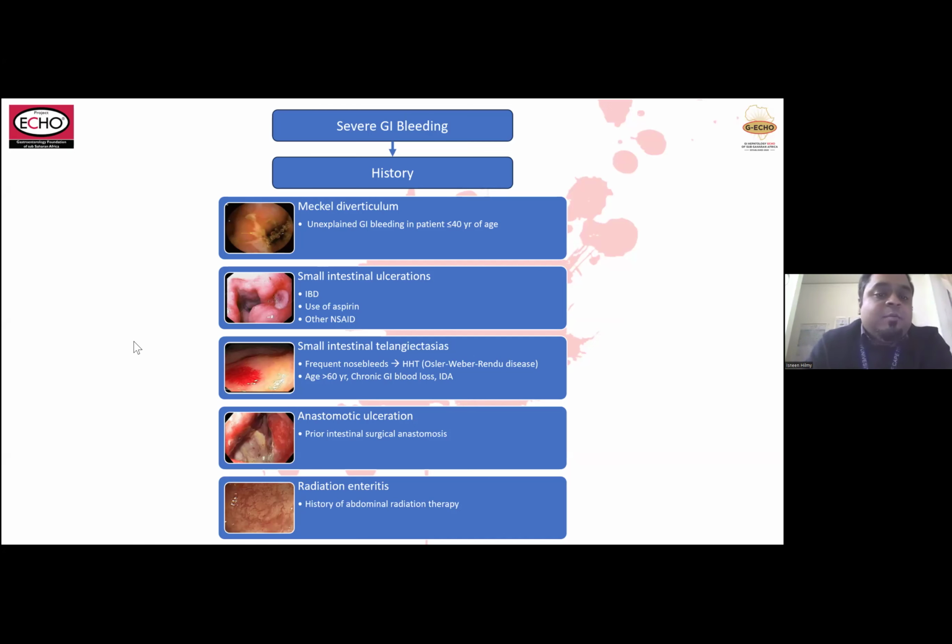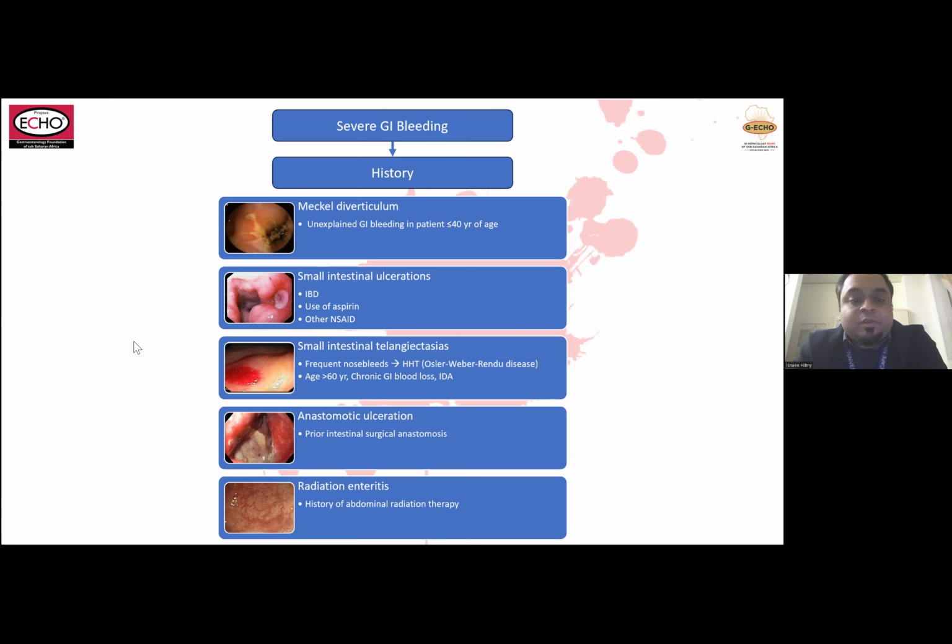They are more commonly seen in patients who are more than 60 years of age with chronic blood loss and iron deficiency anemia. And we also ask about history of any prior intestinal surgical anastomosis, because sometimes you can get anastomotic ulcers because of the ischemia that bleed as well.